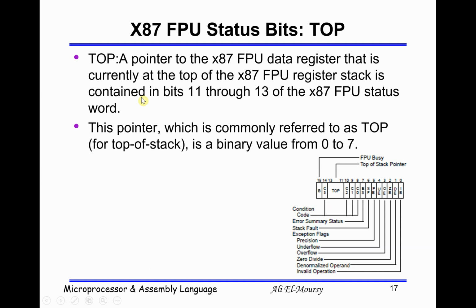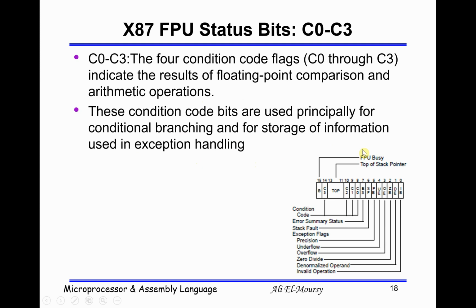So the top of the stack is a pointer to the x87 floating point data register that is currently at the top of the x87 execution stack. It occupies bits 11 through 13 in the status register. This pointer, commonly referred to as the top of the stack, has binary values from 0 to 7, as we explained.